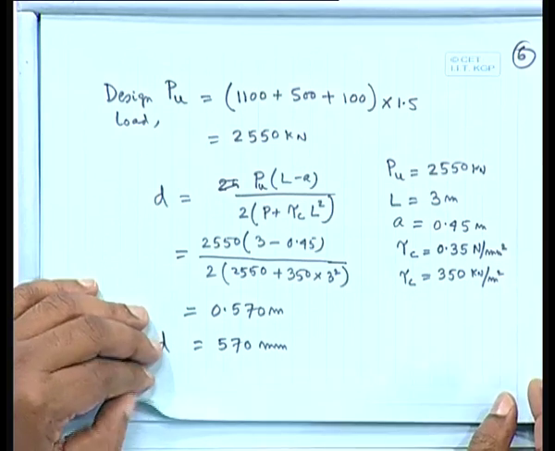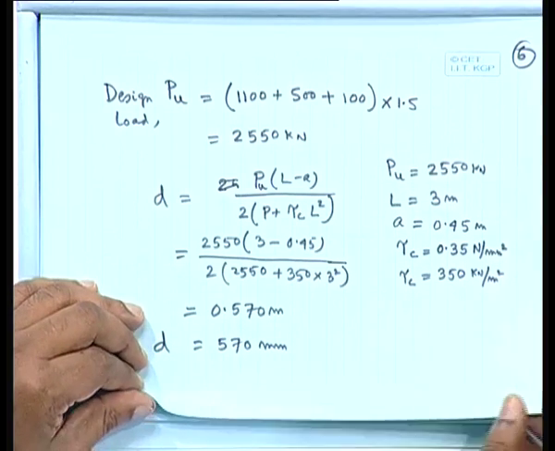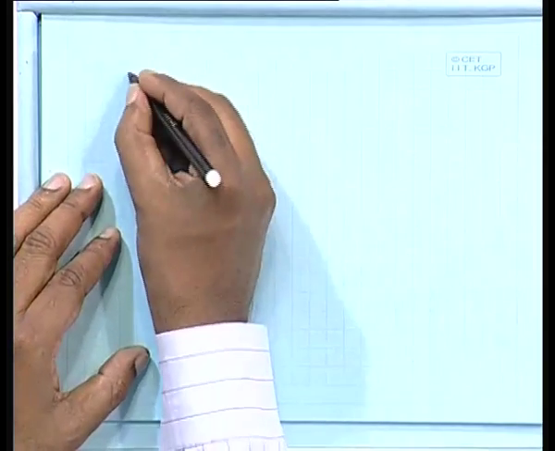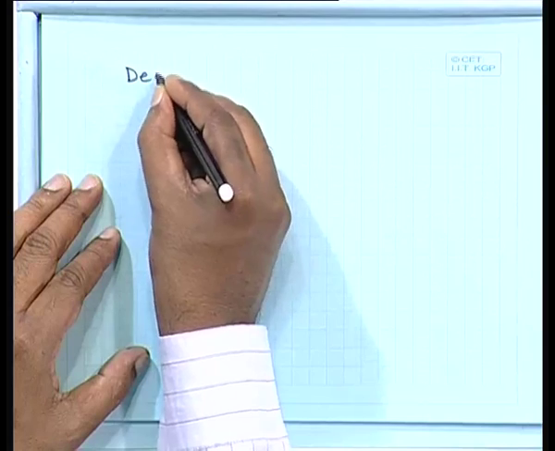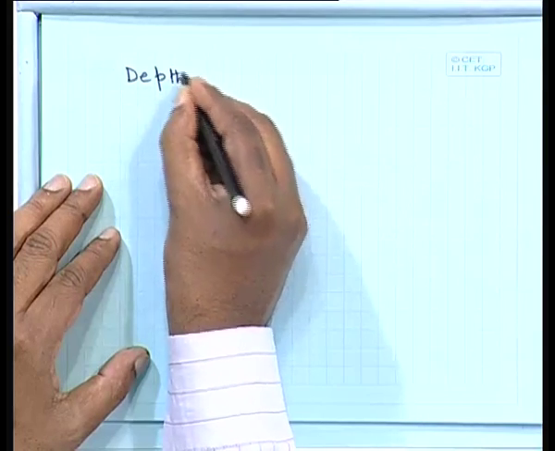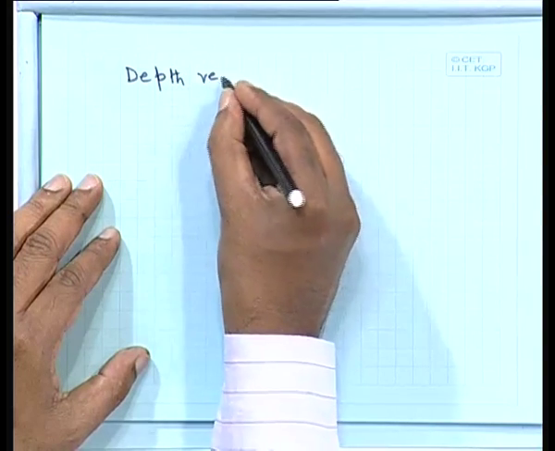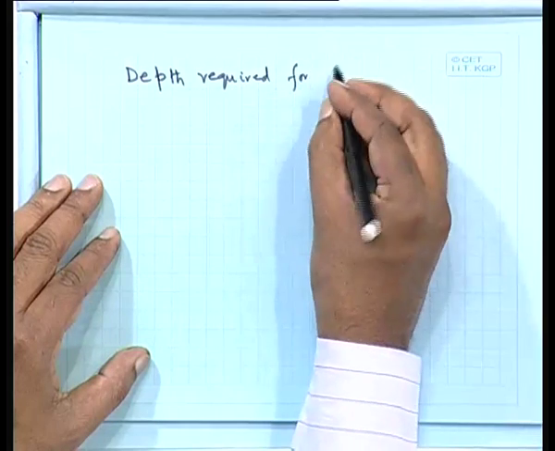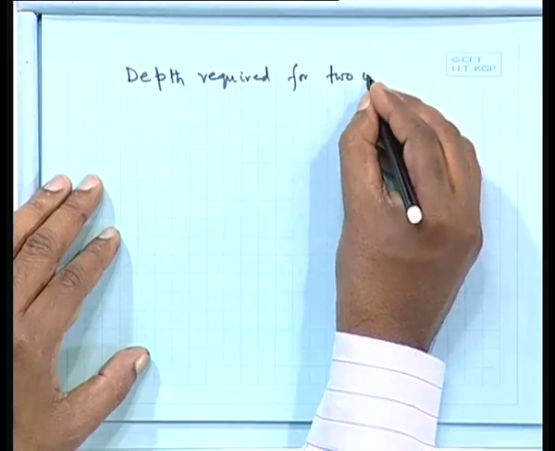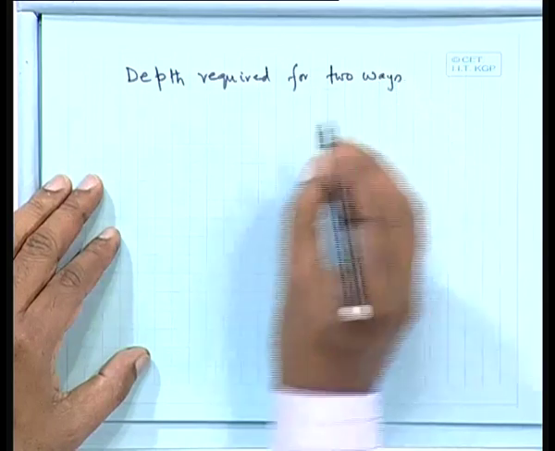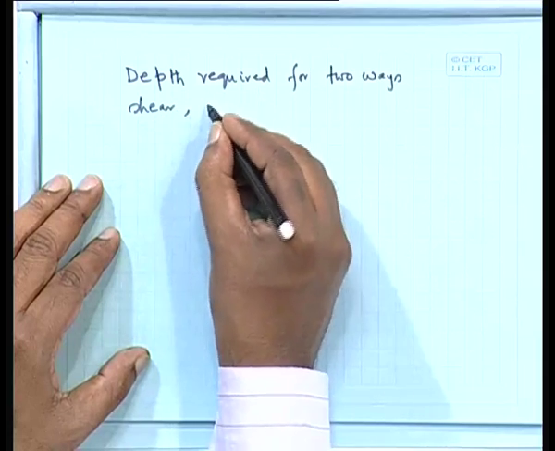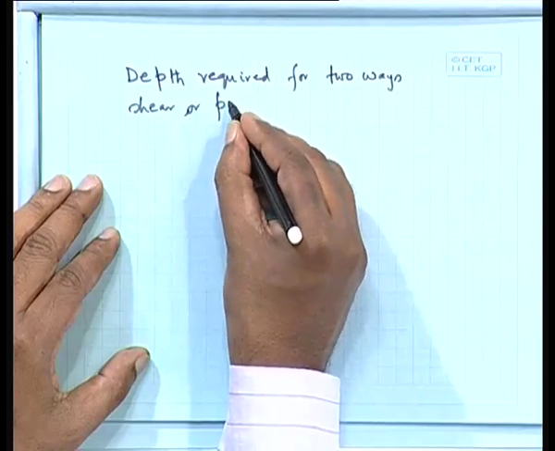Now, we can check with the two-way shear, the depth required for two-way shear, or what we call punching shear.